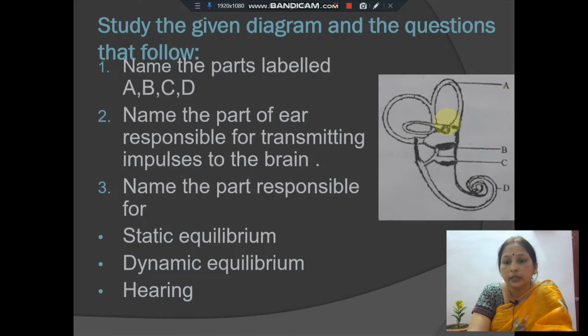Actually I will tell you the ampulla. This part, the swollen part, is the ampullary section. These swollen bases are the ampulla, and they are responsible for the dynamic equilibrium of the body. Then hearing is related to this region, this cochlear region. This is the cochlea. So let's move to the next one.